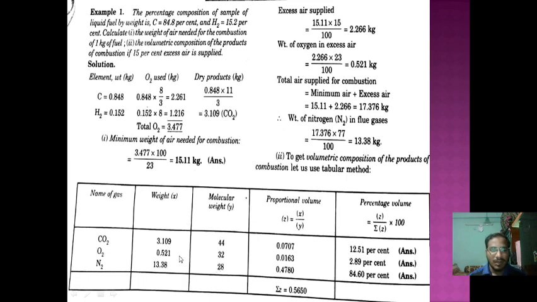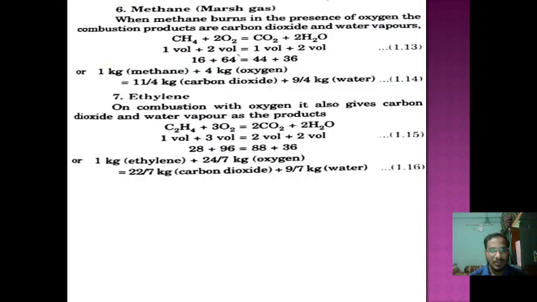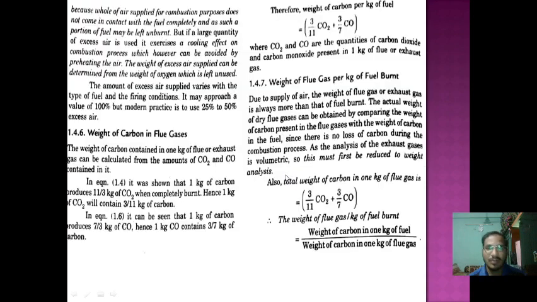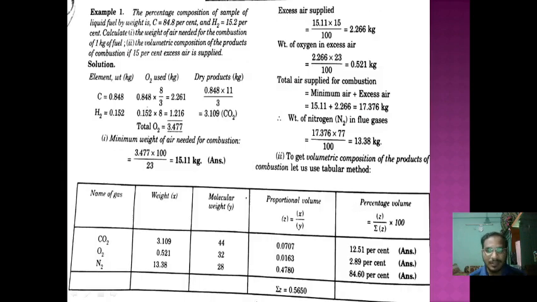Molecular weights: carbon dioxide molecular weight is 44, nitrogen 28, oxygen 32. That only we are using here. Remember it: nitrogen 28, oxygen 32.